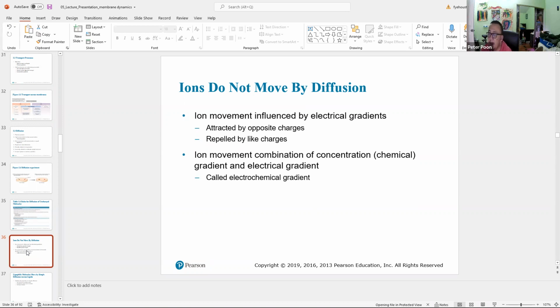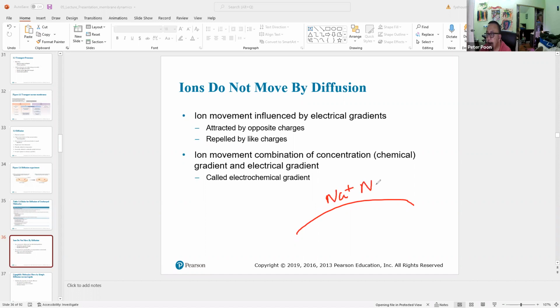Ion movement is a combination of chemical gradients and electrical gradients, where the charges and electrical signals are. For example, if I have sodium on this side and potassium on that side, the sodium wants to come across this membrane because there's so much sodium on this side and none on the other side.